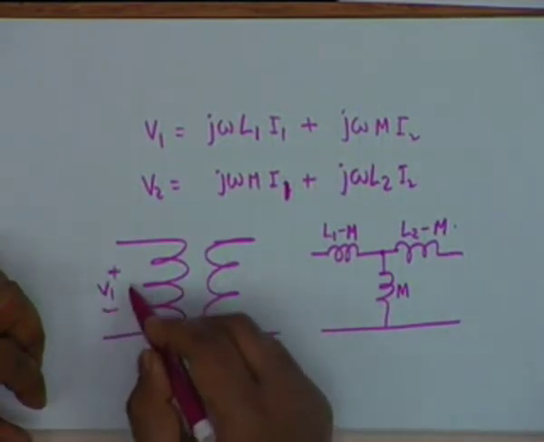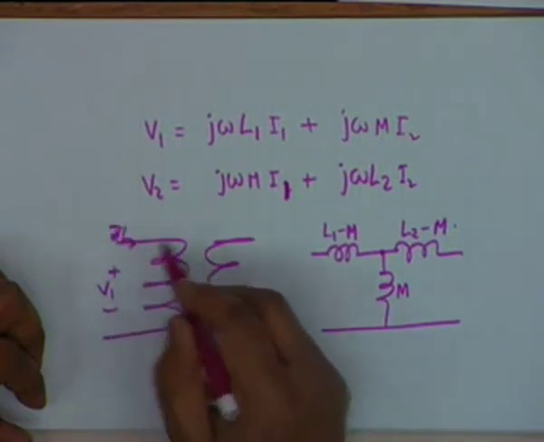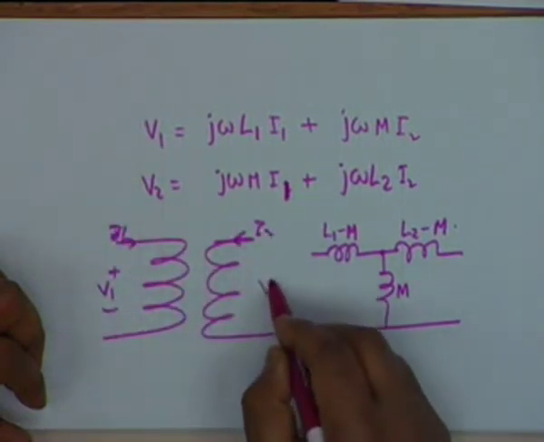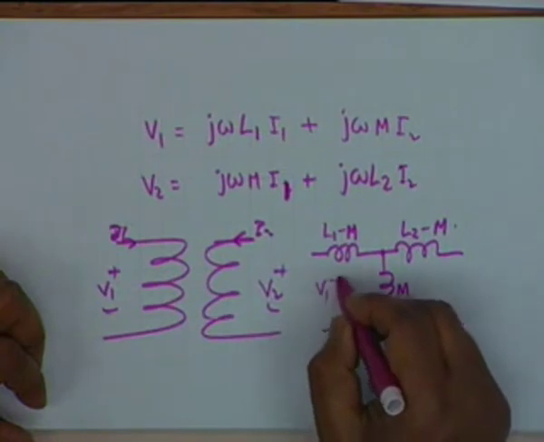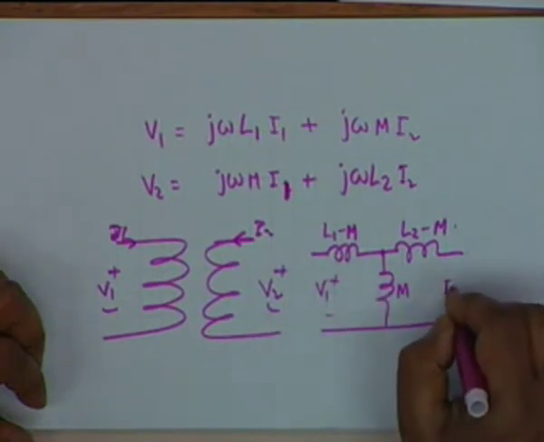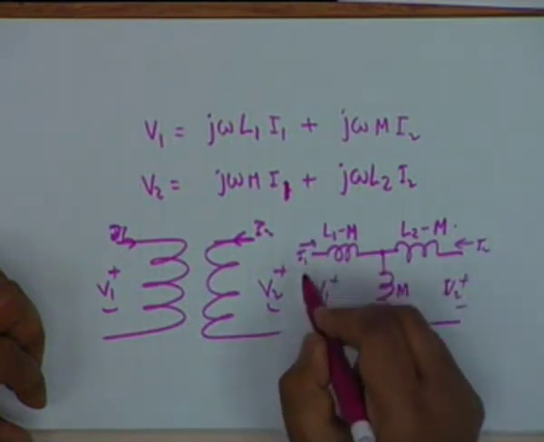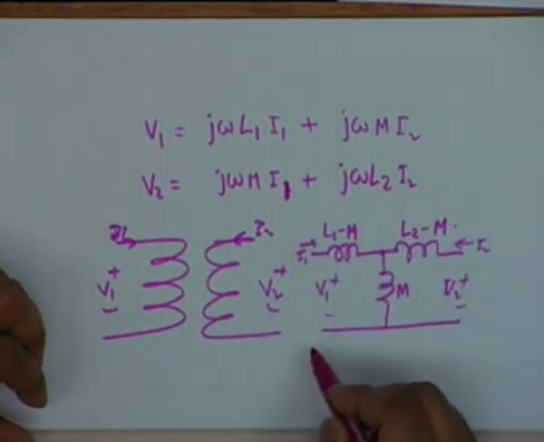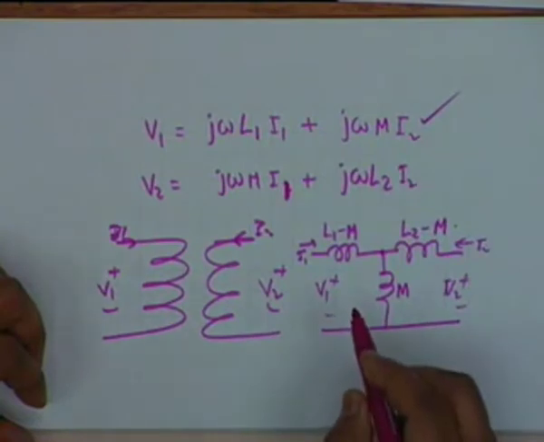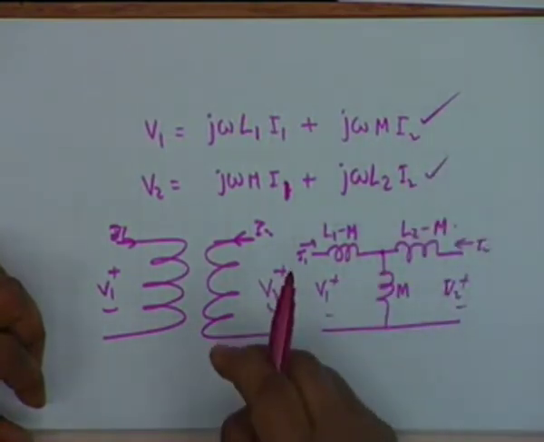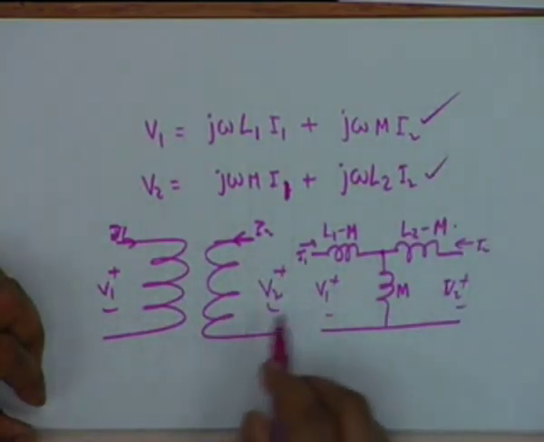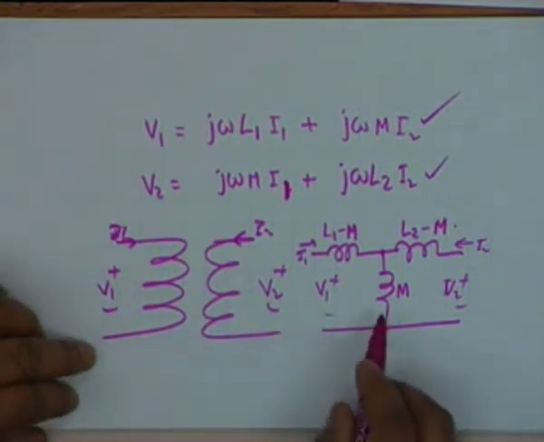This is V1, I1, I2, V2. Similarly here V1, V2, I2, I1. You can easily show by writing the loop equation that the first equation is satisfied, and the second equation is also satisfied. Now can we say that this transformer is equivalent to this?